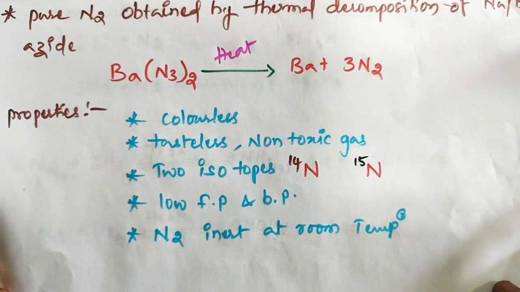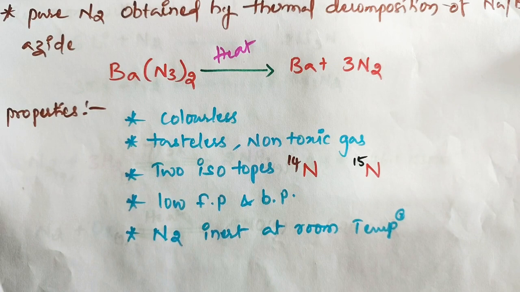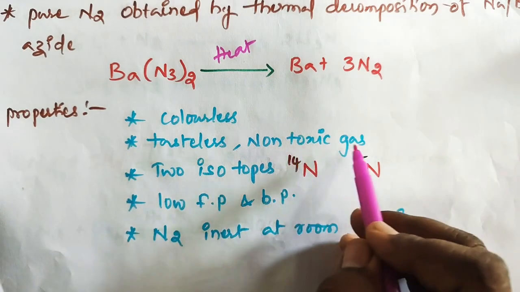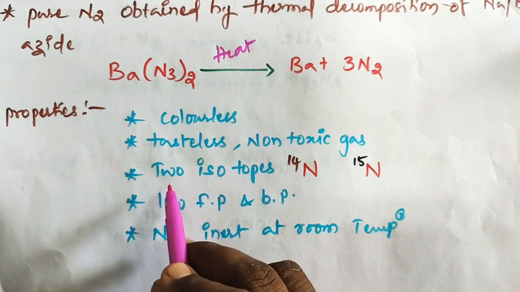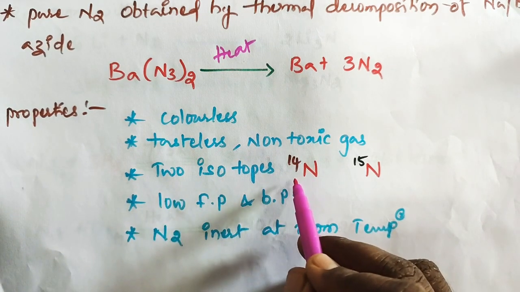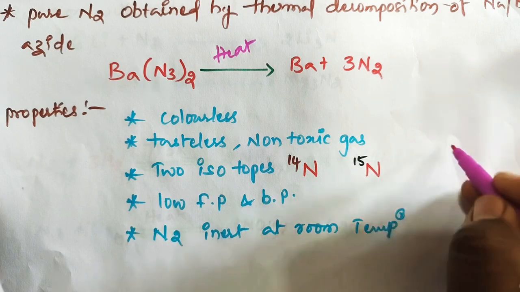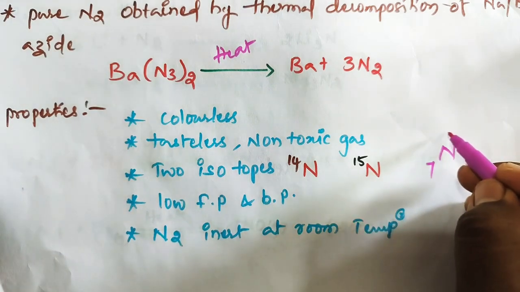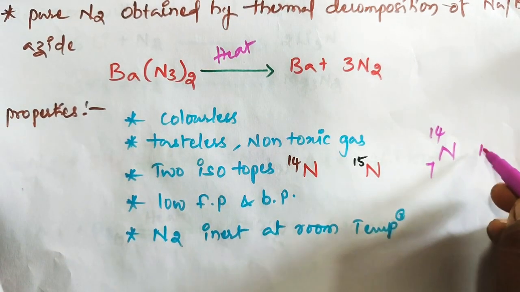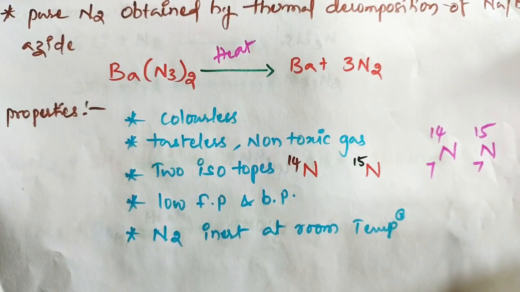Next, properties of N2. N2 is a colorless, tasteless, non-toxic gas, and nitrogen has two isotopes, N14 and N15. Nitrogen has atomic number 7 and mass 14, and N15 is also available.